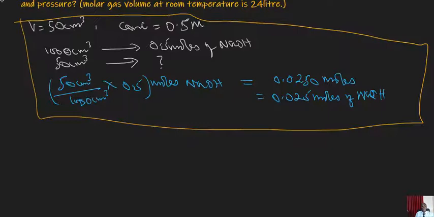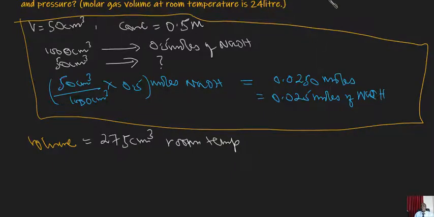The volume is equal to 275 centimeters cubed, and we are at room temperature. At room temperature, the molar gas volume is 24 liters.